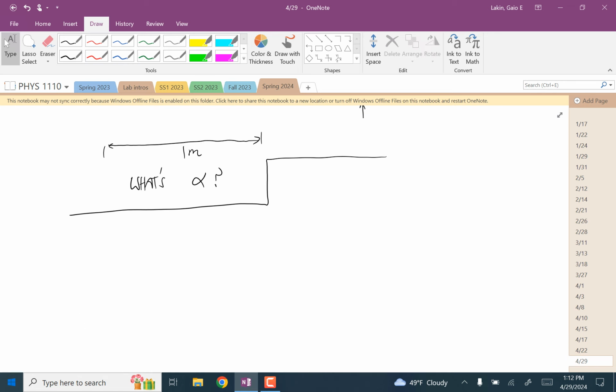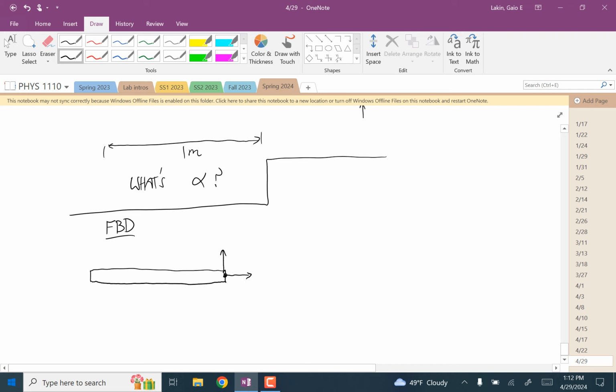Okay, well, the first thing we're going to do is draw a free body diagram. Always at the fixed point, you're going to have an unknown force, so an unknown x and y component, and you can just call that a force vector R or something. You give it any name you want. That's not going to come into the rotational calculation.